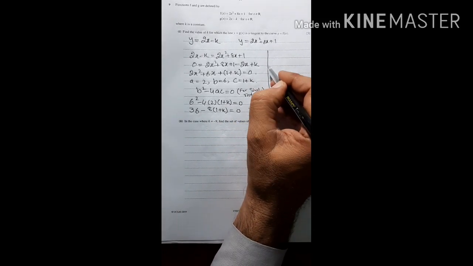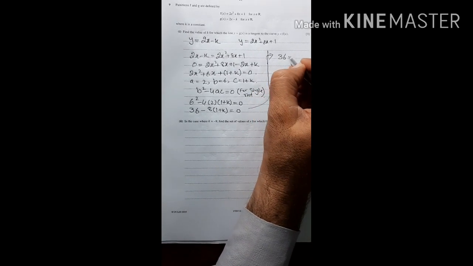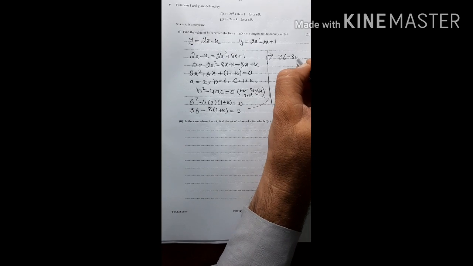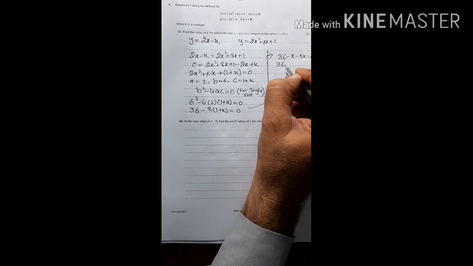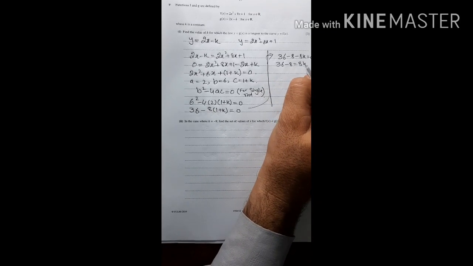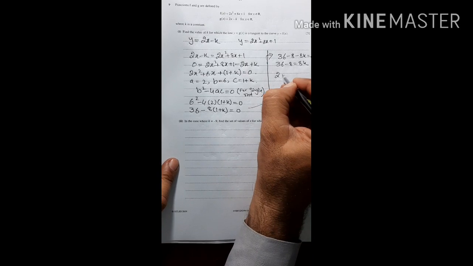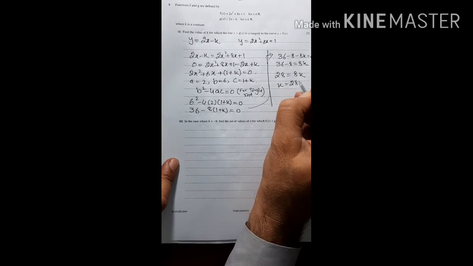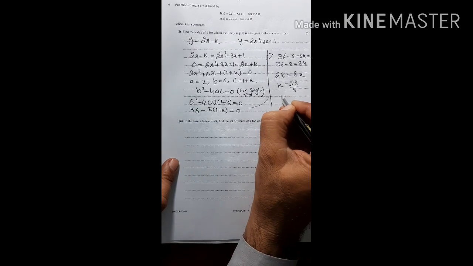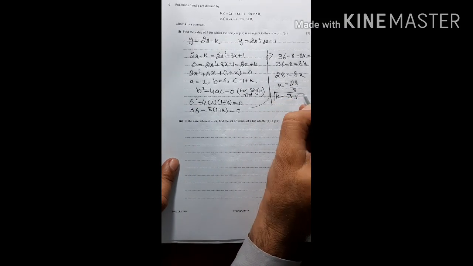So from here, 36 minus 8 minus 8k is equal to 0. 36 minus 8 is equal to 8k, or 28 is equal to 8k, or k is equal to 28 over 8, which is 3.5. This is the value of k.